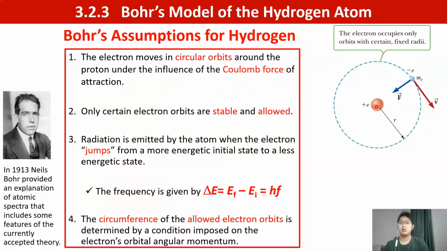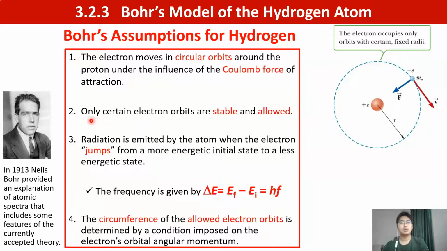You can see here, this is the proton, this is the electron. The electron will orbit the proton in a circular orbit. Because the electron has a negative charge and the proton has a positive charge, Coulomb force will exist between them.